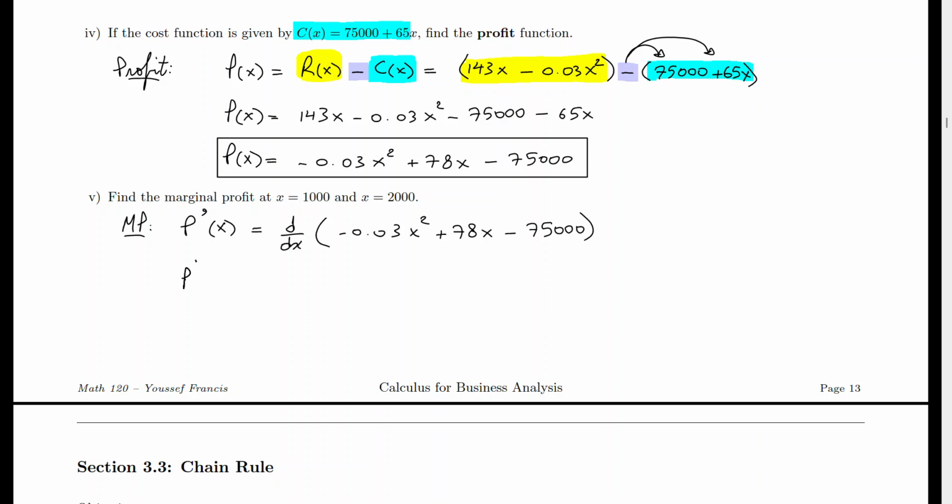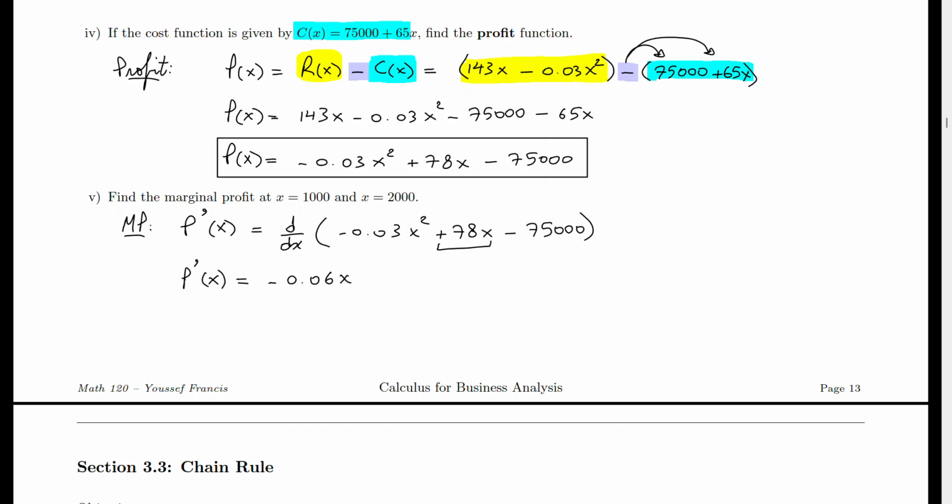And we don't need any fancy rules here. All we have to do is use the basic differentiation rules. So negative 0.03 is being multiplied with the x squared, so we just differentiate x squared, which gives us 2x. But we've got to multiply with the negative 0.03. That's going to be negative 0.06x. Next, we have the 78 with the x next to it.